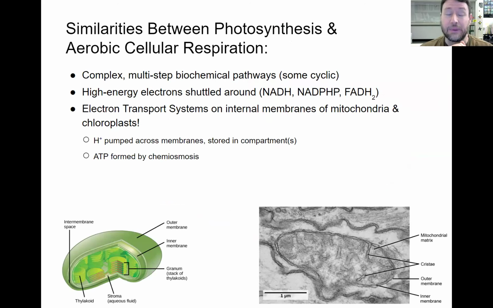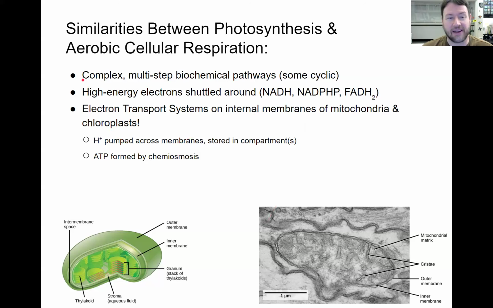Okay, so again, we didn't get into all the details, and I almost don't want to mention these, but there's some really interesting similarities between photosynthesis and aerobic cellular respiration. Both of these are happening in organelles that are descended from bacteria. So they're both endosymbiotic organelles, which is kind of interesting.